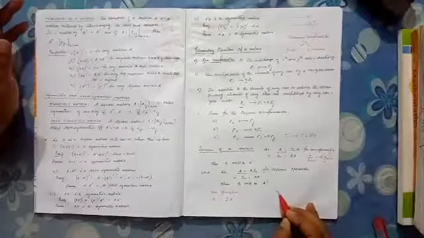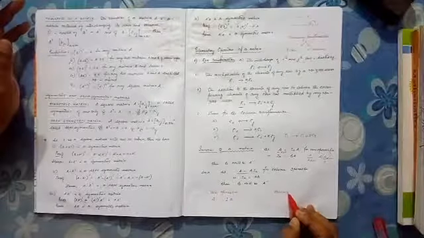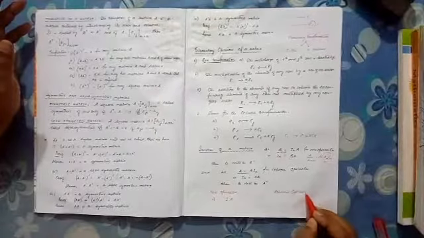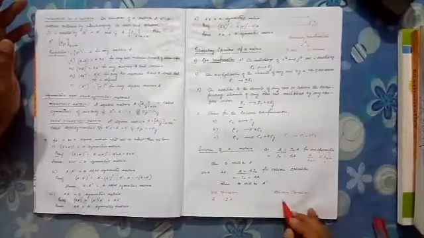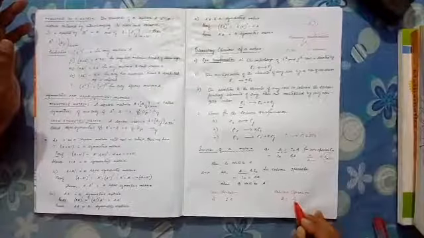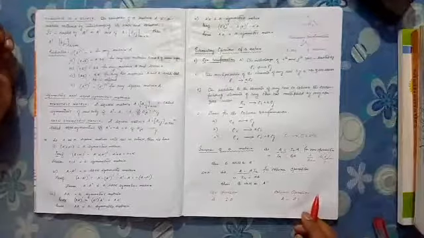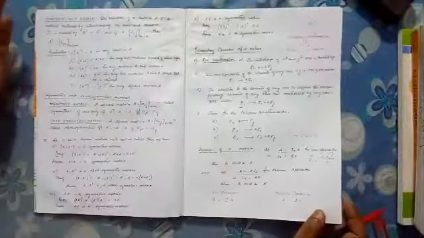For column operation, it is A is equal to A into I. Now what we have to do here, whether this is column operation or row operation, whatever it may be. Suppose I am showing you row operation.